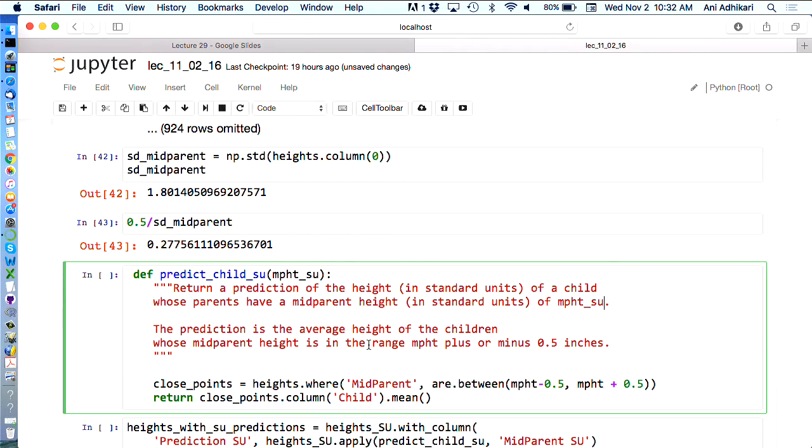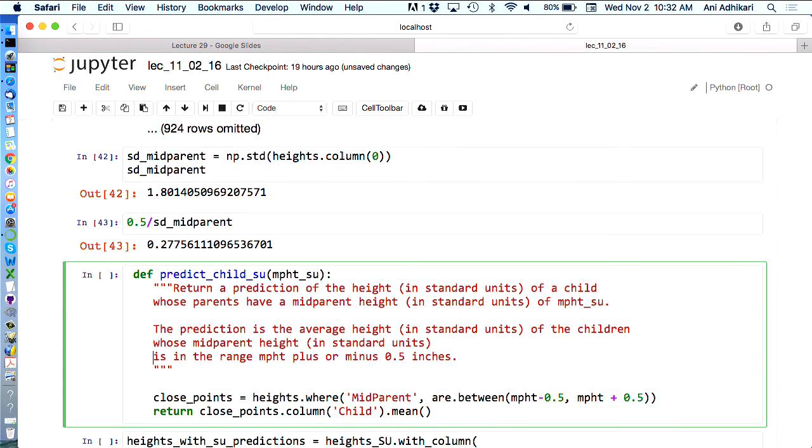The prediction is the average height, in standard units, of the children whose mid-parent height in standard units is in the range this thing, plus or minus 0.5 inches relative to the SD of mid-parent heights.